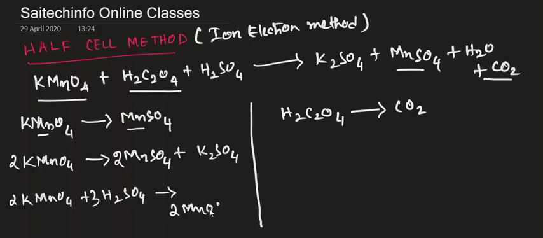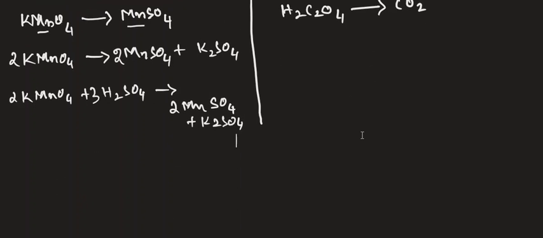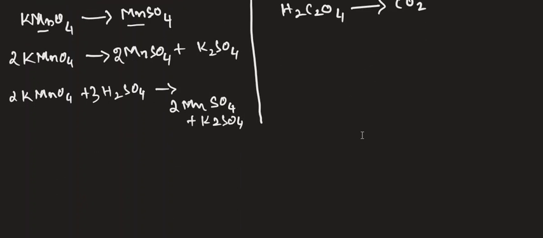So 2 MnSO4, and then you have K2SO4. Okay, now sulfate is balanced, manganese is balanced, and the potassium is also balanced.